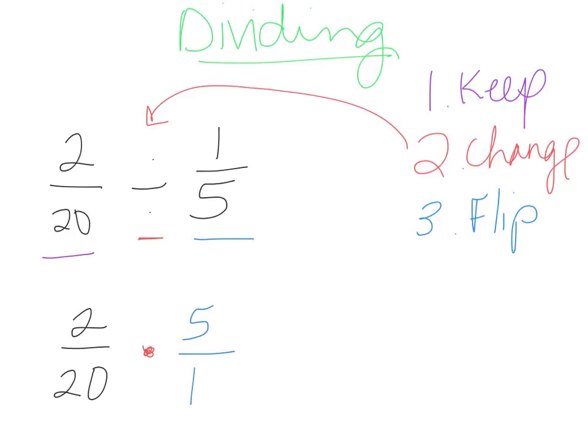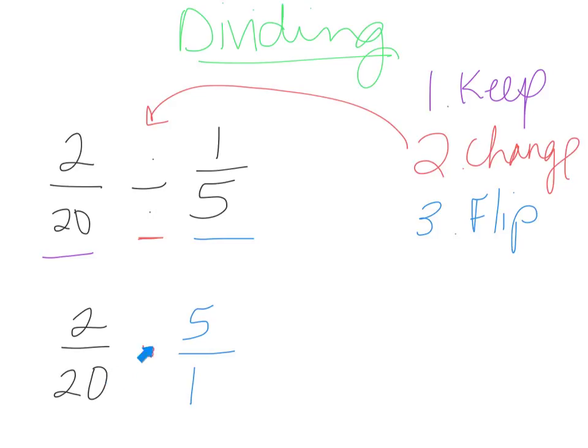Now you can multiply. But first I'm going to see if I can make my life simpler and reduce these fractions. Let's look at 2 and 1. Is there anything that can go into both 1 and 2? Yes, 1, but 1 goes into itself once, and 1 goes into 2 twice, so that's not going to change it. Let's look at the other direction.